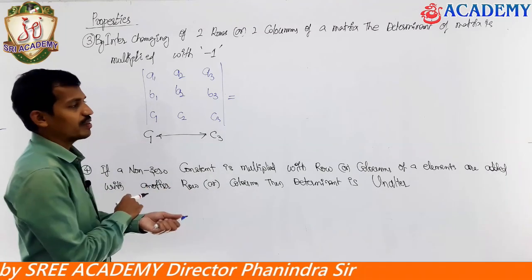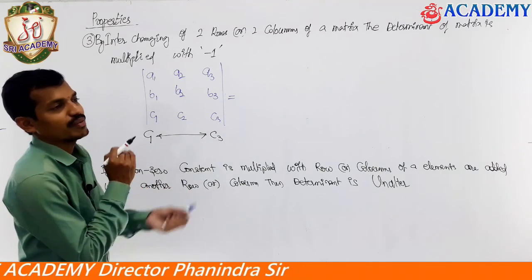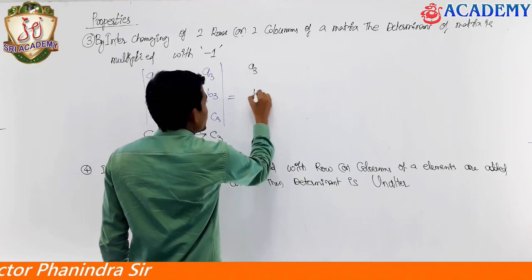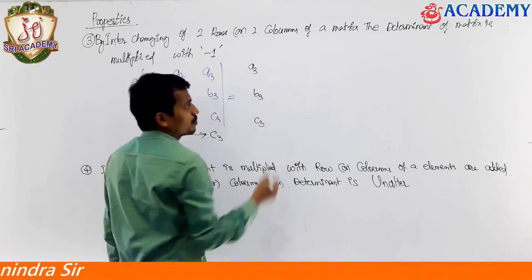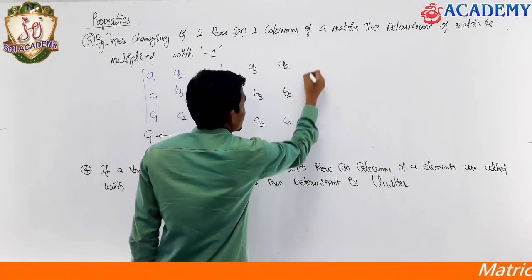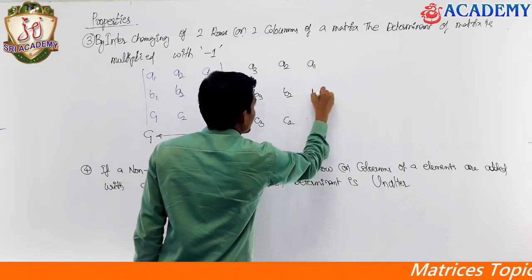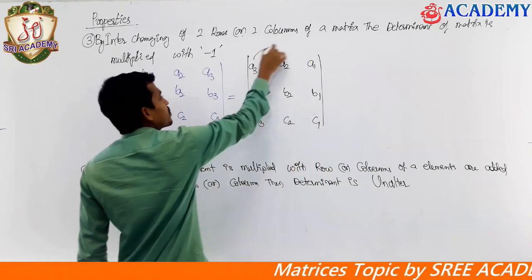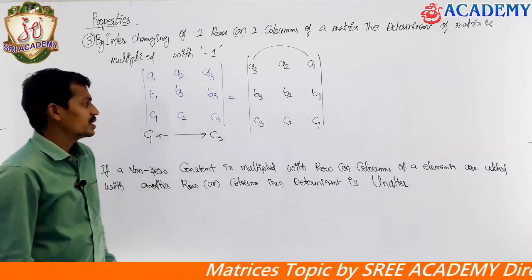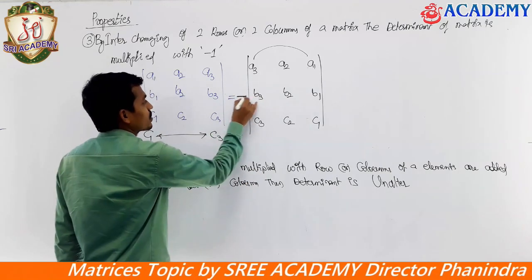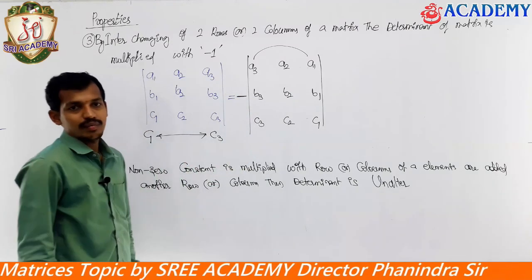In place of column 1 I am writing column 3, in place of column 3 I am writing column 1, that is a3 b3 c3, and a2 b2 c2 అట్లనే ఉంది a1 b1 c1. Simply interchange చేసినాం. That indirectly is going to be multiplied with minus. -1 is nothing but minus.